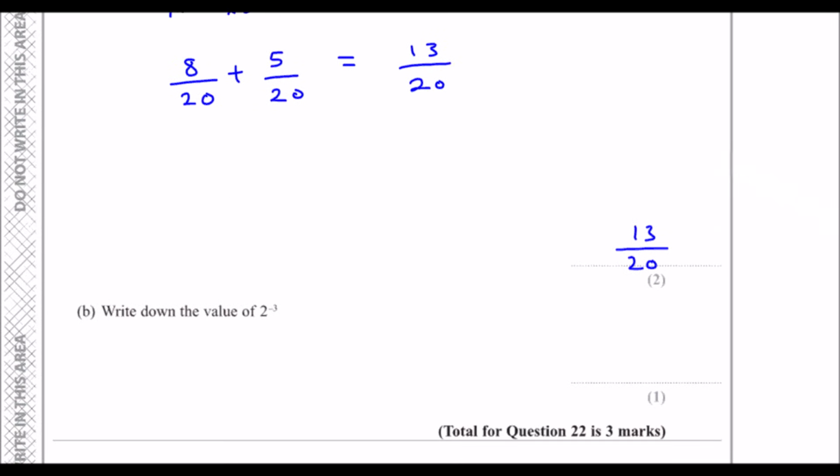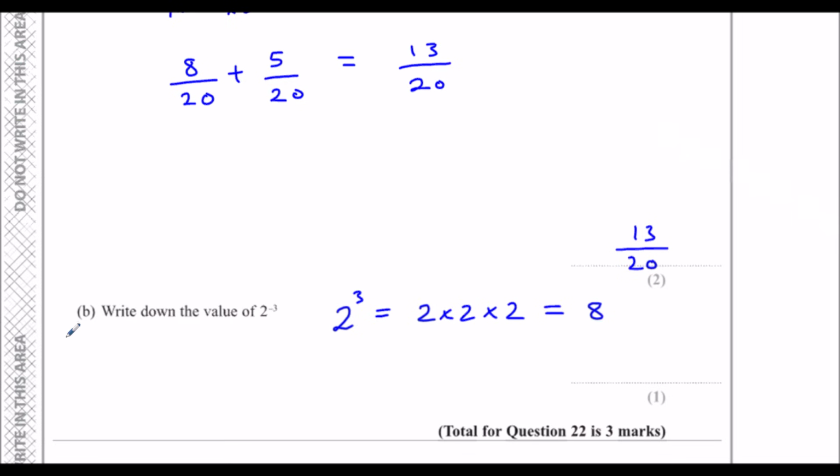Part B, write down the value of 2 to the power of negative 3. So 2 cubed means 2 times 2 times 2. 2 2s are 4, times 2 is 8. But a negative power flips it over.